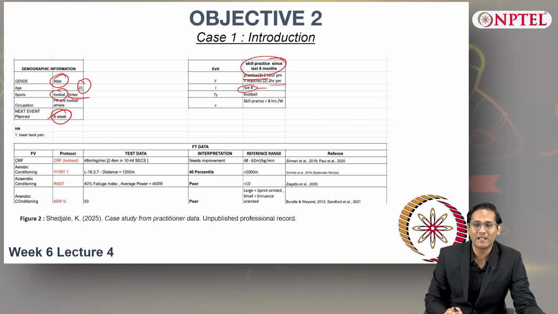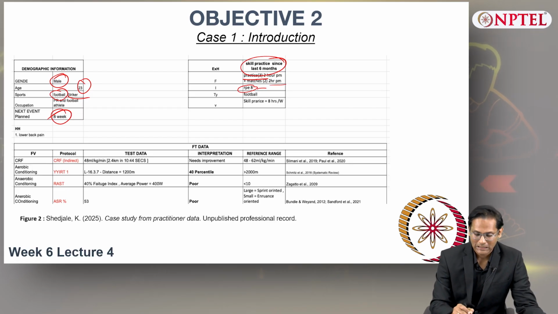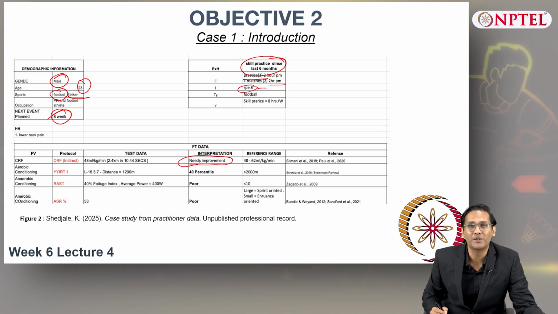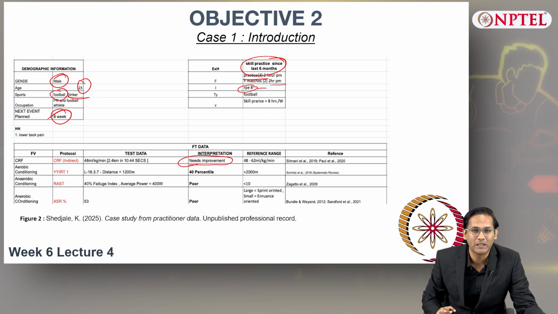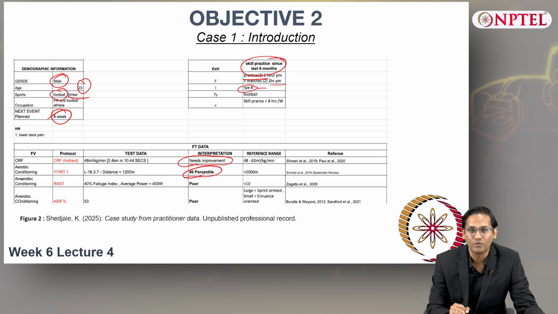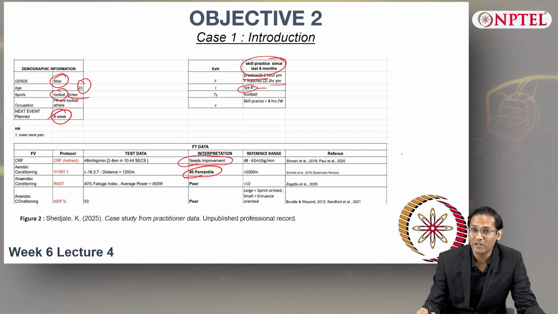So for the given case, aerobic capacity is required to improve. It is weak. Aerobic conditioning also needs to improve. So which fitness variable needs to be worked on?